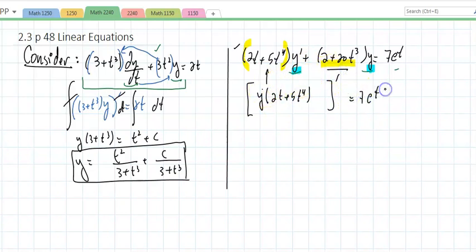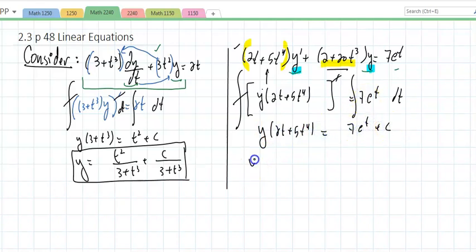And if you integrate with respect to t, the integral will cancel the derivative and you're left with y times 2t plus 5t to the fourth equaling 7e to the t plus c. And again, initially I couldn't separate this and solve it using calculus, but if I recognize that this is the product rule, then I could.